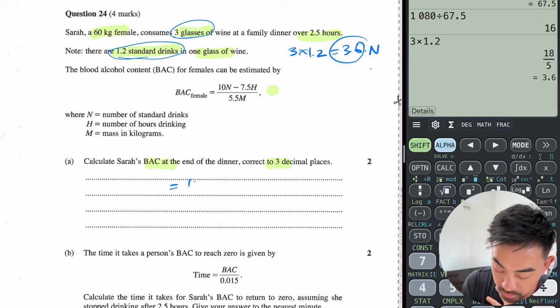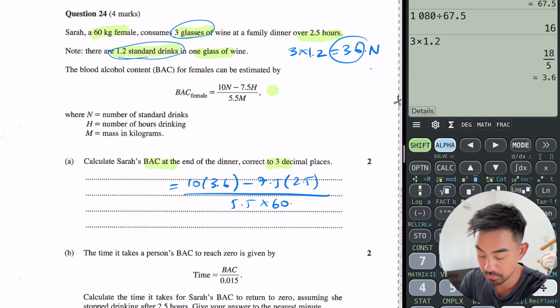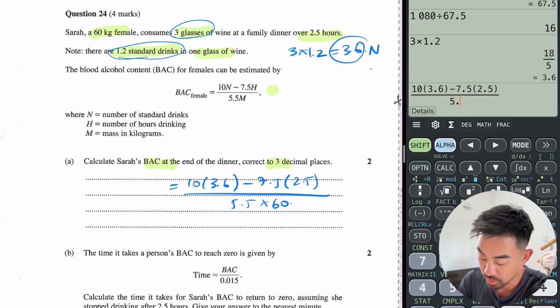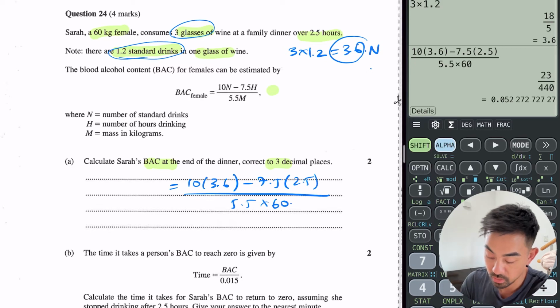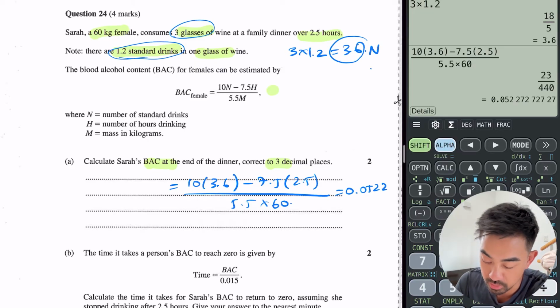Putting in this formula, it's 10 times 3.6 minus 7.5 times the number of hours, which is 2.5, over 5.5 times her weight in kilograms, 60. So her BAC is 0.0522. To 3 decimal places, we don't need that last digit, so 0.052.